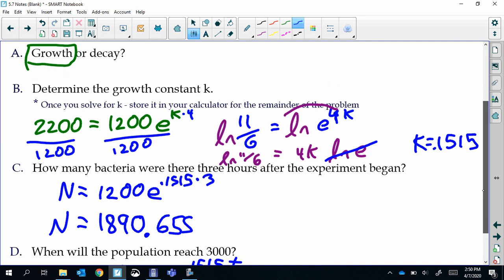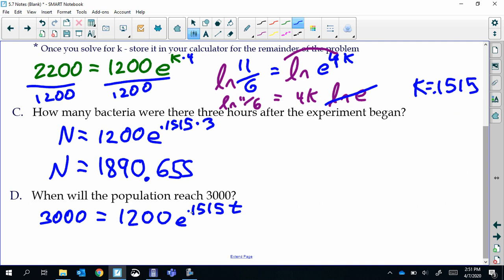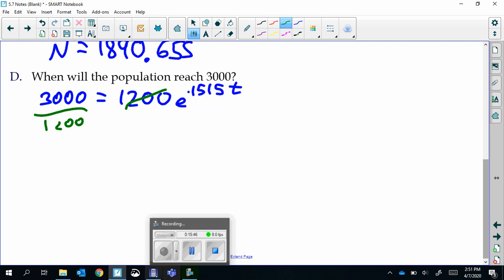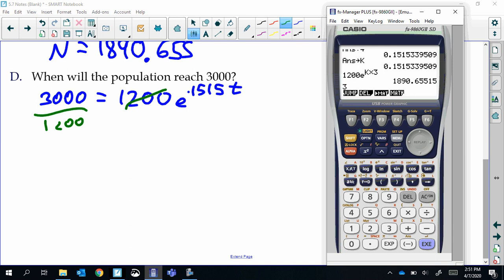So since that's in the exponent, we're going to get everything by itself and natural log both sides. Those zeros cancel out. 30 divided by 12, less buttons to type in. It's 2.5.